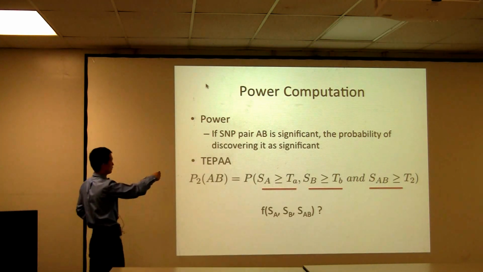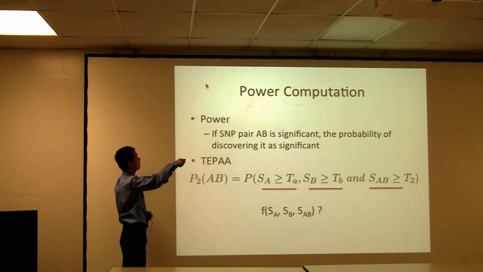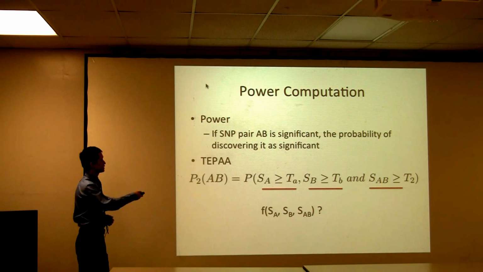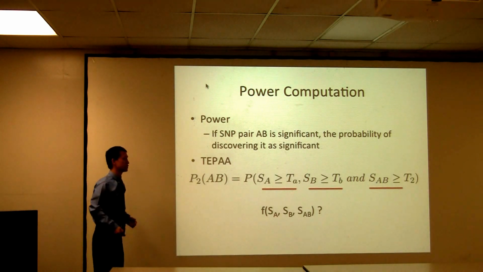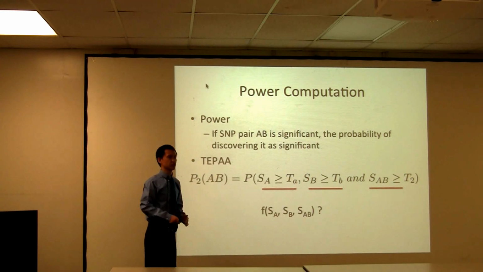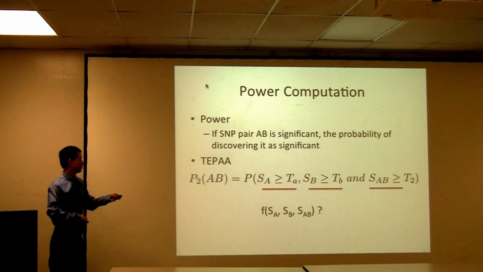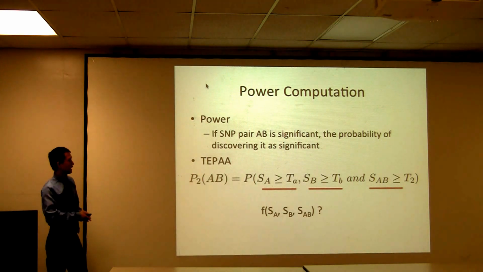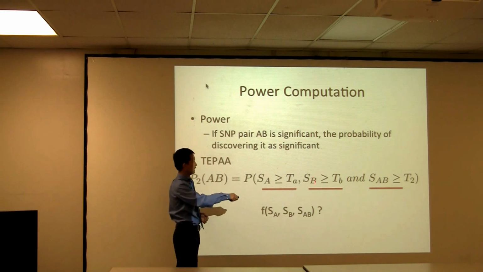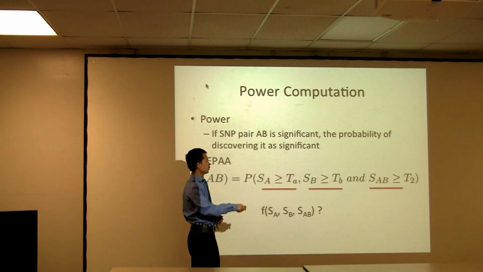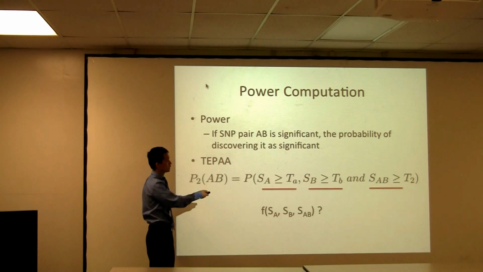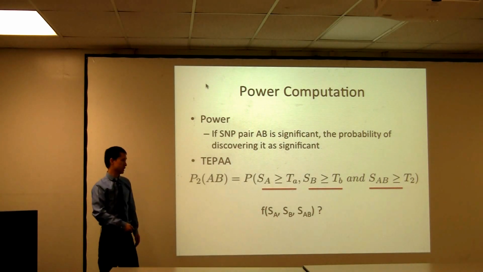And here, we introduce a concept called power to assess the performance of an approach. The power is defined as the probability of discovering a SNP pair as significant if the SNP pair is really significant. So for our method TEPA, the power will be the probability of SA greater than TA, SB greater than TB, and SAB greater than T2, because that is the only condition under which we are able to declare SNP pair AB as significant.